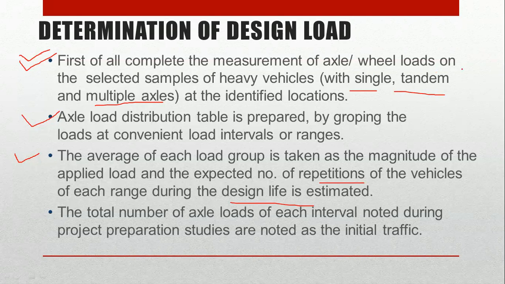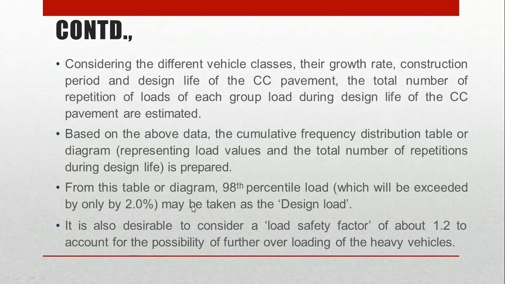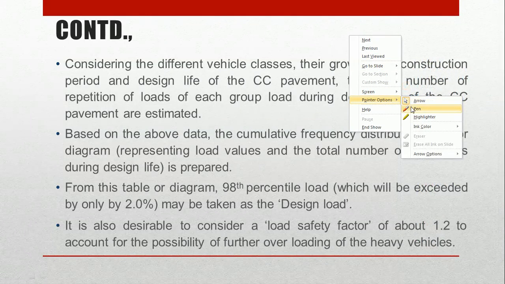First, the number of types of vehicles we can calculate and group them based on the type of wheel load, and after that the magnitude of wheel load is considered during the entire design life. So then the total number of axial wheel loads and the initial traffic before the starting of the project has been determined.